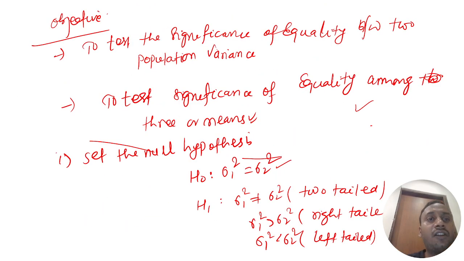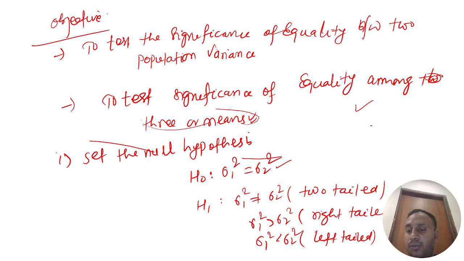Okay, so what is the objective of the test? To test the significance of the equality between two population variances, whether there is any difference in variance or not, or to test the significance of the equality among the three means.